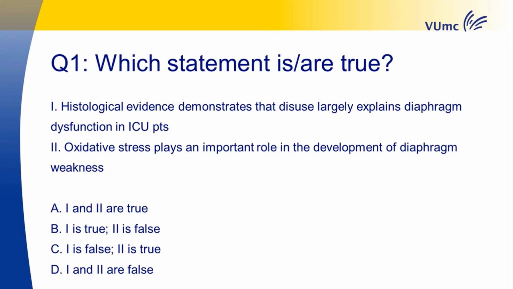The first one is that histological evidence demonstrates that disuse, so controlled mechanical ventilation, largely explains diaphragm dysfunction in ICU patients. And the second one is that oxidative stress plays an important role in the development of diaphragm weakness. Which of these two statements is true or not true at all? I'll give you a few minutes. Should I go to the next slide, Estelle?